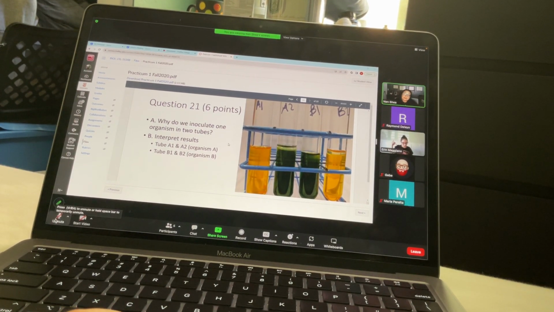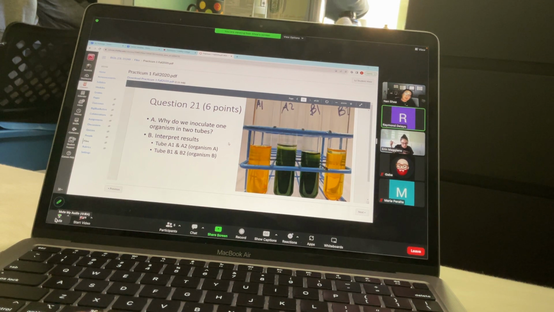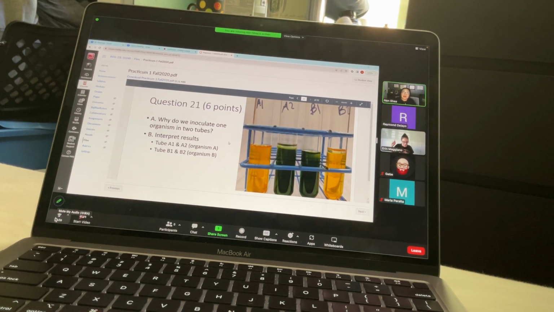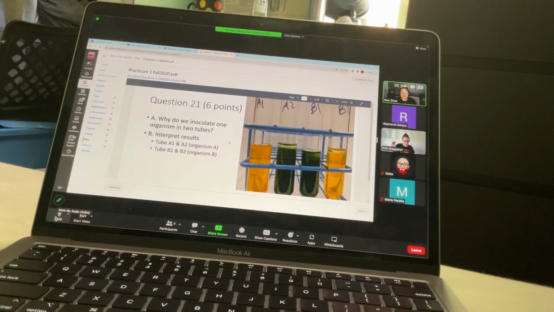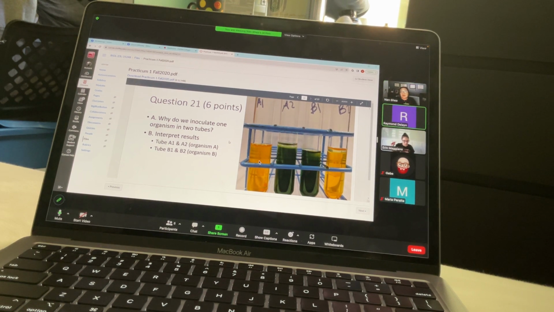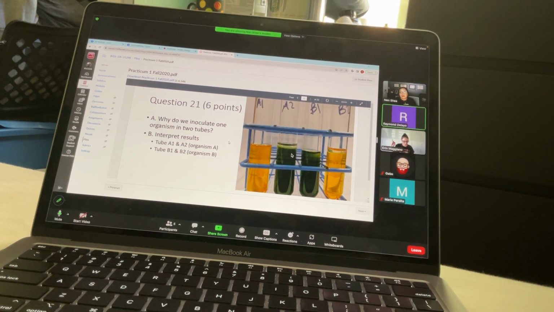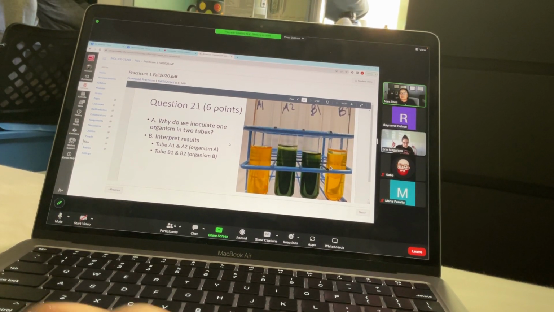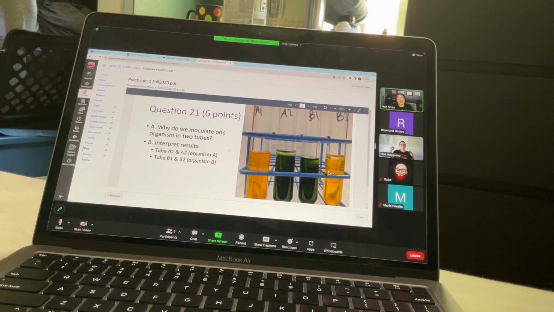To use one for fermentation and one for oxidation? Yeah, you're testing for oxidation and fermentation. So A1 would be positive for oxidation but negative for fermentation, and then B is negative for oxidation and positive for fermentation. Correct. Make sure you mention the oil layer on top.